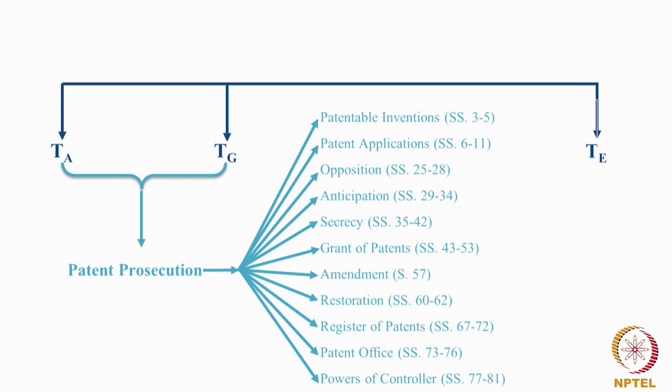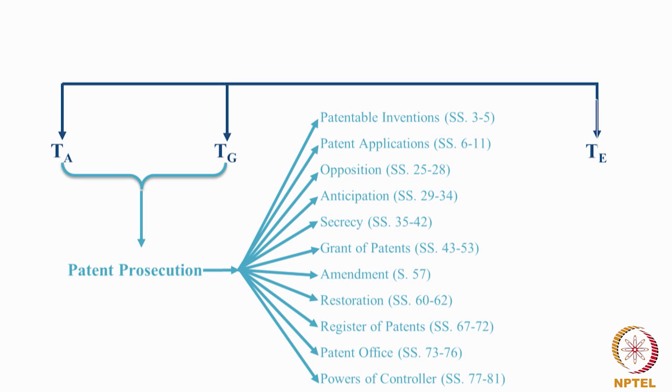Post-grant is something that happens at the patent office within 1 year after the grant. It can be initiated within 1 year after the grant. Then you have the provisions on anticipation, the exceptions to anticipation, in sections 29 to 34. We have secrecy provisions in sections 35 to 42.